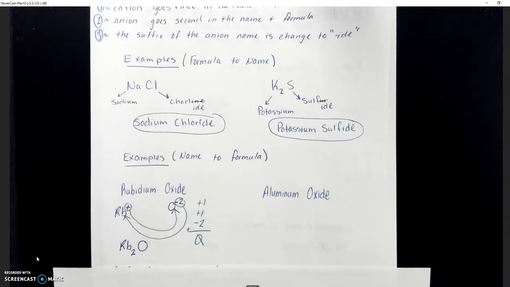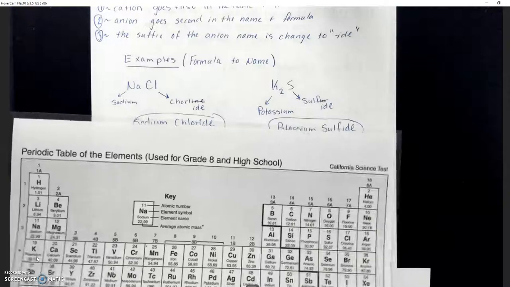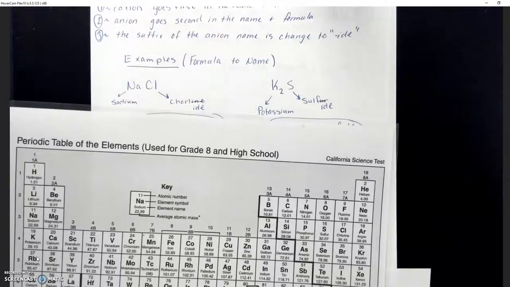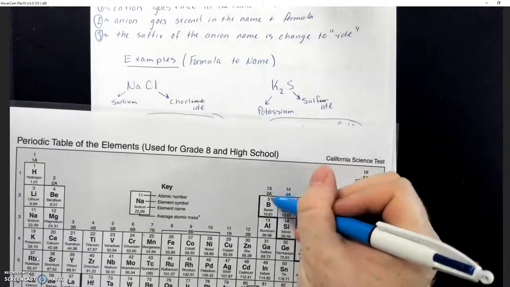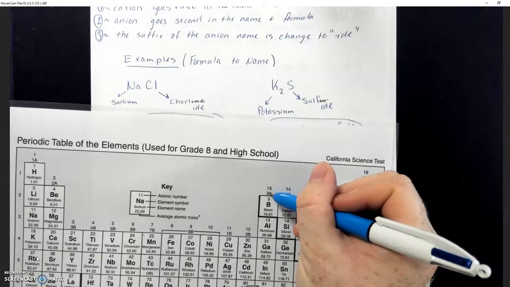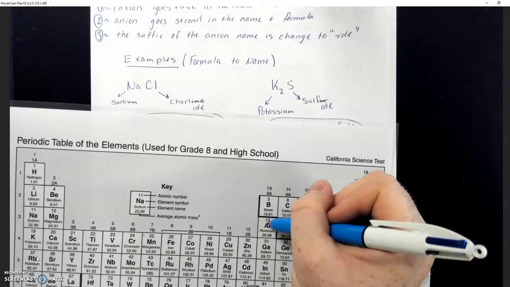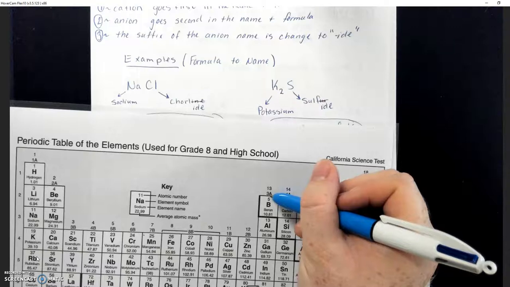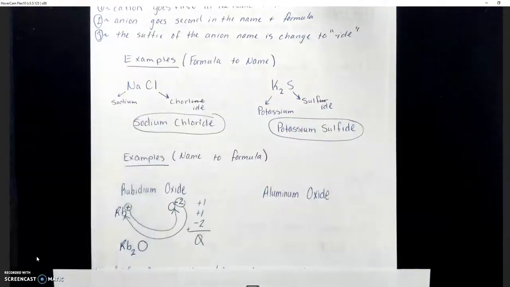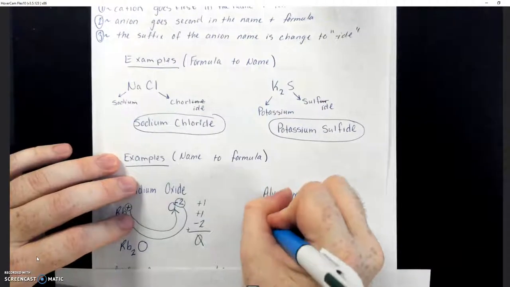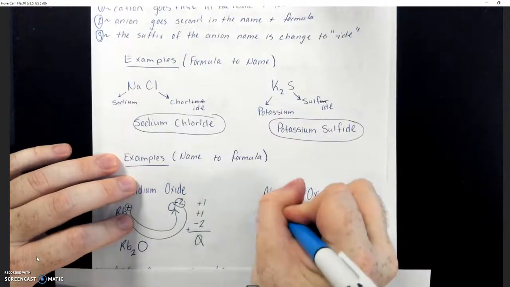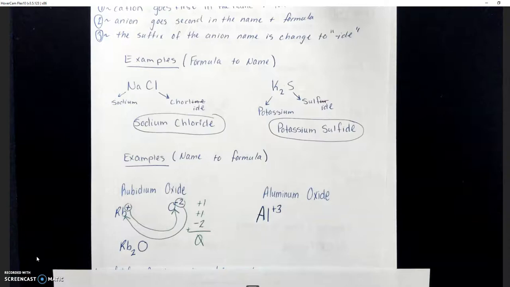Let's do aluminum oxide. Aluminum oxide is going to be a little bit tricky, a little bit different. Take a look at aluminum here. It has 3 valence electrons. Now, aluminum is a metal, so it's going to lose those 3 valence electrons. So we know aluminum is going to have a +3 charge.